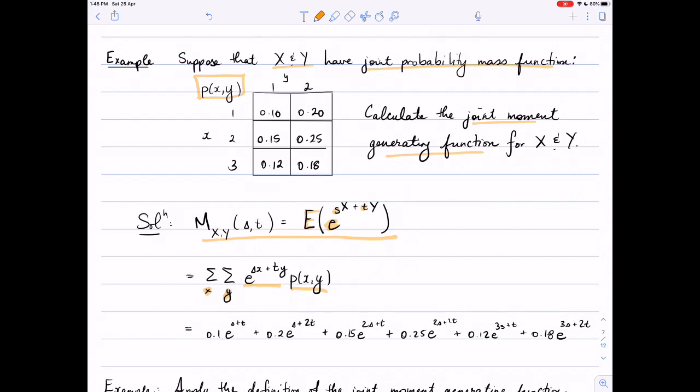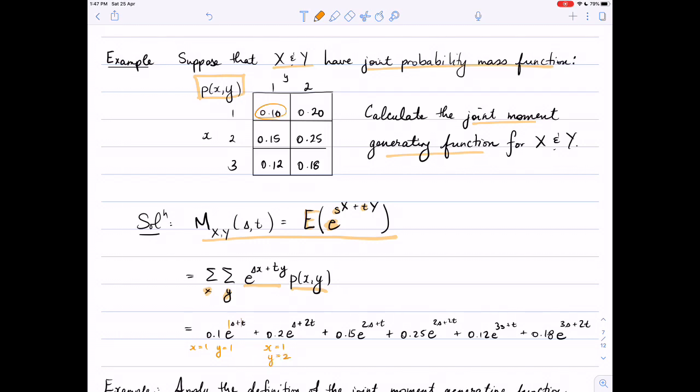If we take this, this is when X is 1 and Y is 1. So the probability P of 1, 1 is this, and the coefficients are 1 and 1. This is when X is 1 and Y is 2, and so on.